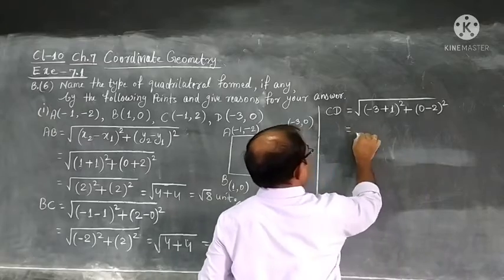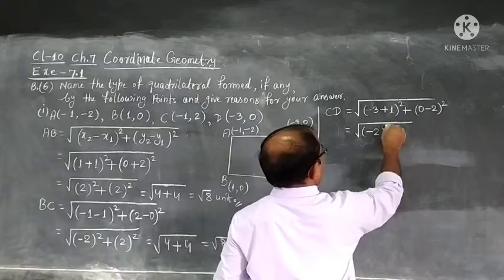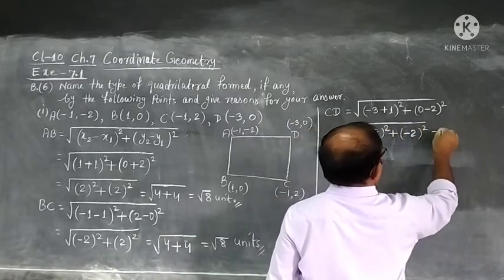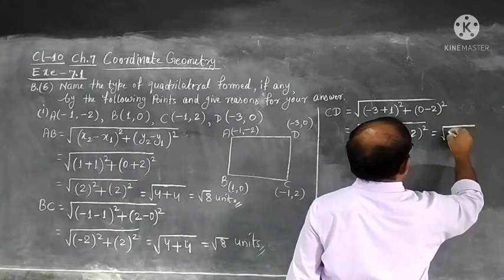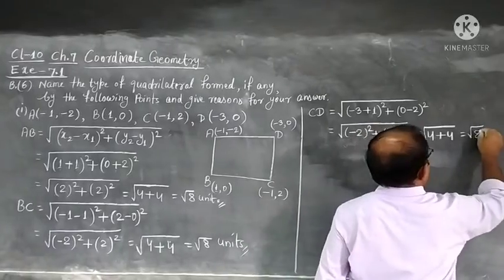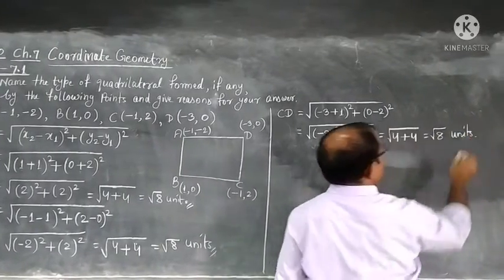We get -2 square, 4, and -2 square, 4. So the third side CD is also root 8 units.